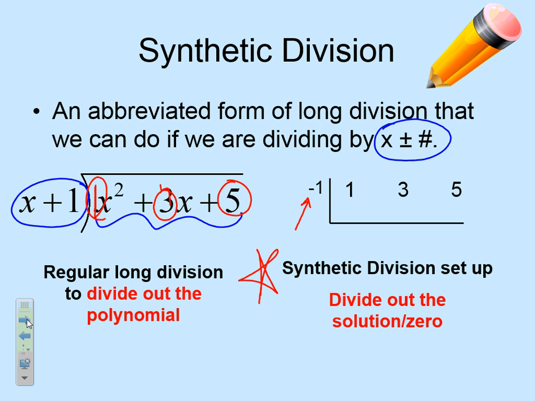Not a positive one, because in synthetic division, we use the solution, or the zero, of the divisor, and not what it says there. So not x plus 1. x plus 1 means that we're actually going to put a negative 1 on the outside using synthetic division, because negative 1 would be the solution to x plus 1. So this sort of setup we're going to be using to do division.